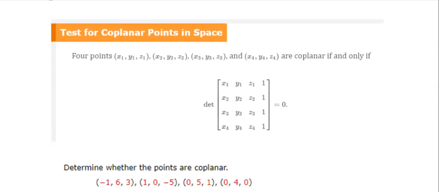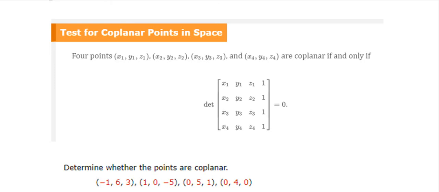All right. Well, let's determine whether or not 4 given points are coplanar, if they're in the same plane. And again, the argument is very similar from R2 to R3. In R2, we talk about collinearity. Here in R3, we talk about whether or not points are coplanar, or in the same plane.